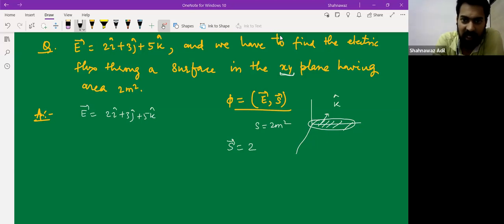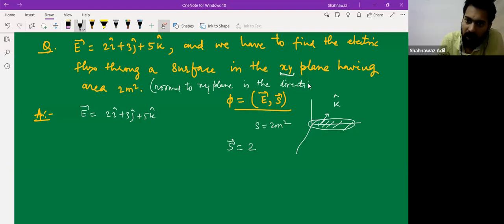Yes, so it will be K. Understood now? Because the normal to the XY plane is the direction of the area vector, right? So this is 2K hat.